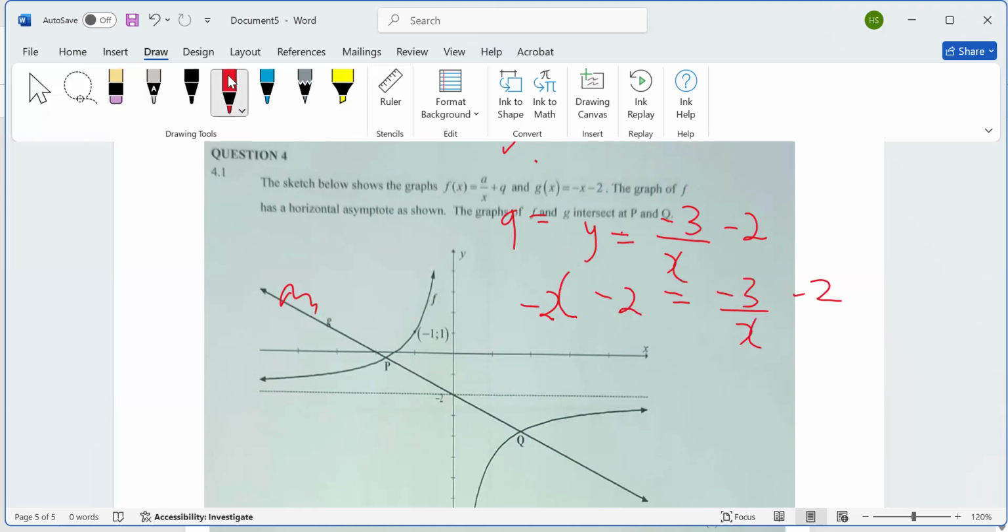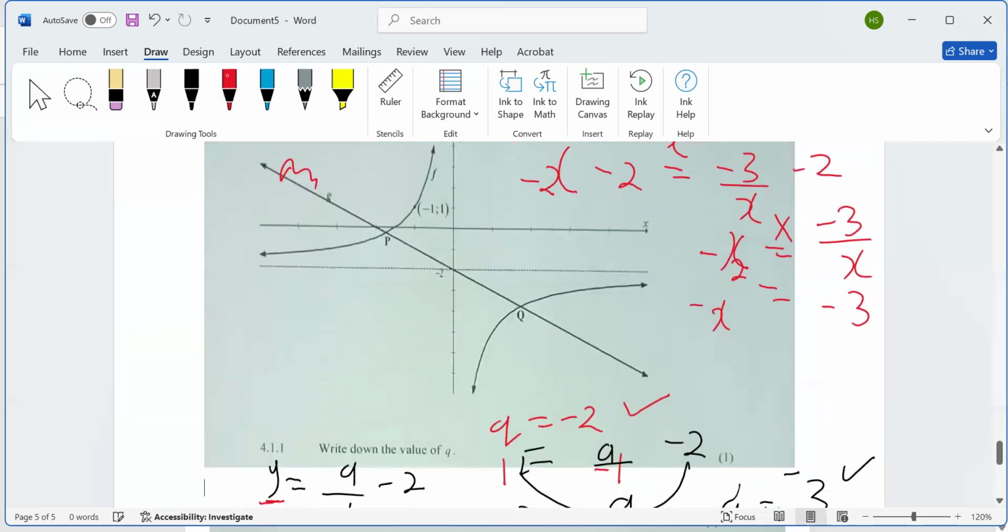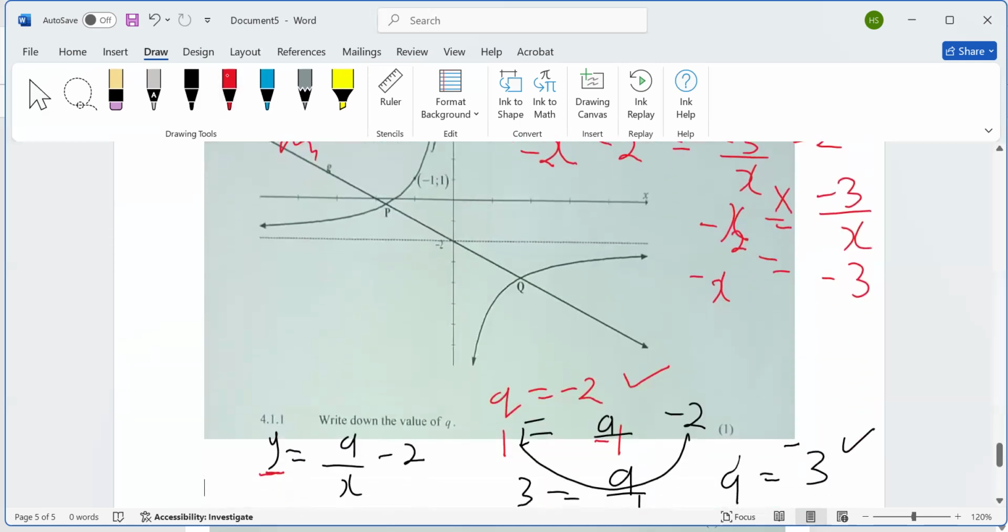When it jumps the equal sign, it's going to become positive. Then we have -x, which is going to be equal to -3 all over x. What should we do after that? We're going to cross multiply. If we cross multiply, it gives us -x squared, which is equal to -3. Divide by negative on both sides. If you divide by -1 on both sides, you get 3.